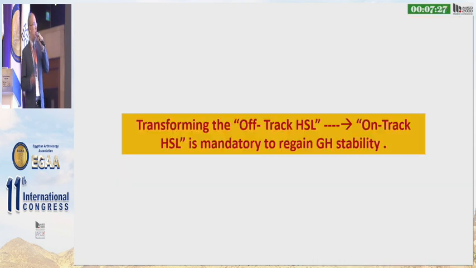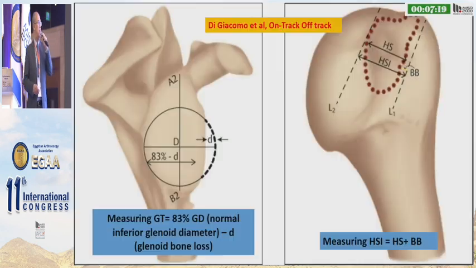Our main aim is to transform the off-track Hill-Sachs lesion into an on-track Hill-Sachs lesion, which is mandatory to regain glenohumeral stability.